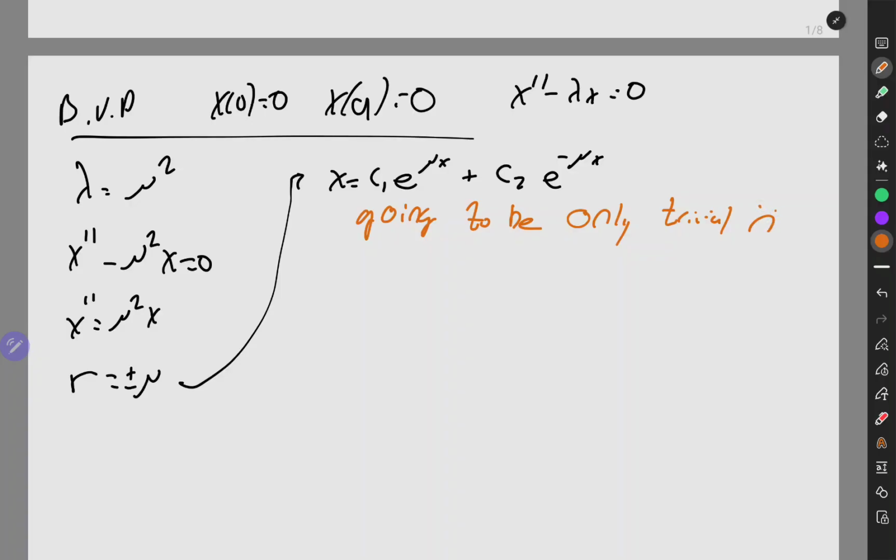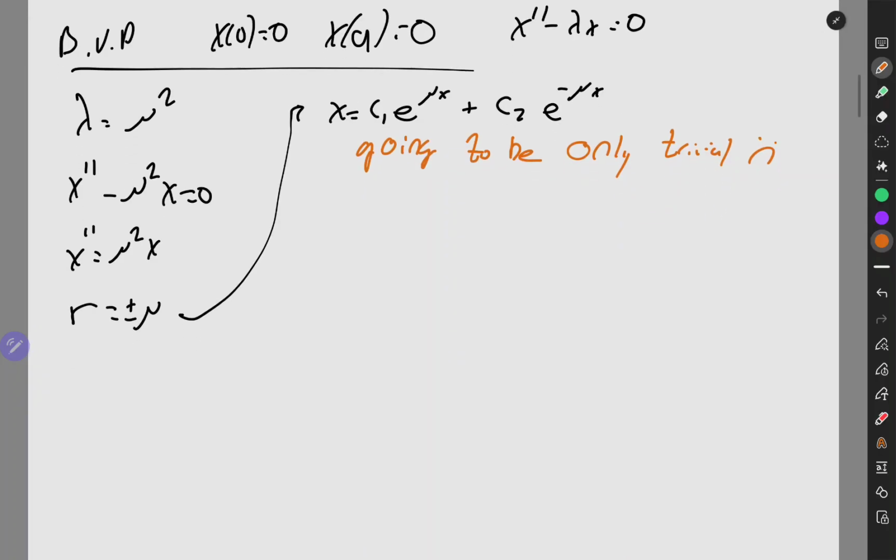We know this. It's Dirichlet, non-derivative boundary conditions. It's always going to be this case. The only case for Dirichlet boundary conditions, we've done this a million times already, is for lambda less than 0.